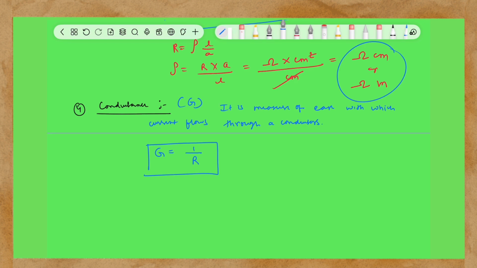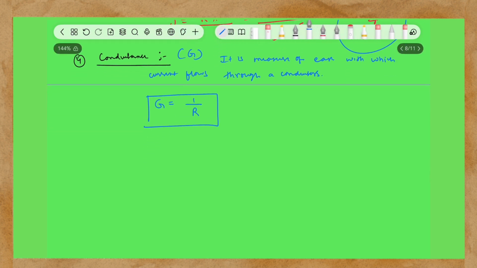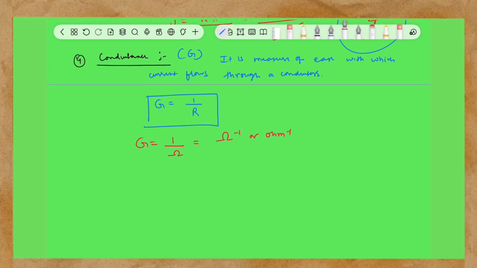Now deriving its unit, G is 1 upon R, and we know that resistance is generally in ohm, so we can write it as per ohm, and the new unit which we generally use is Siemens, represented by the symbol S. Now what have we concluded?